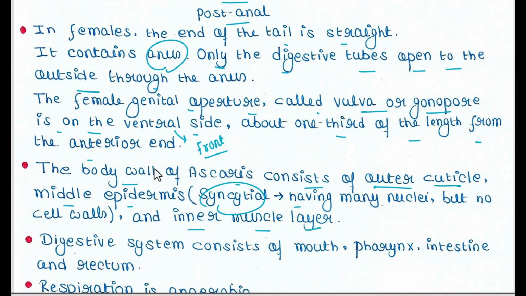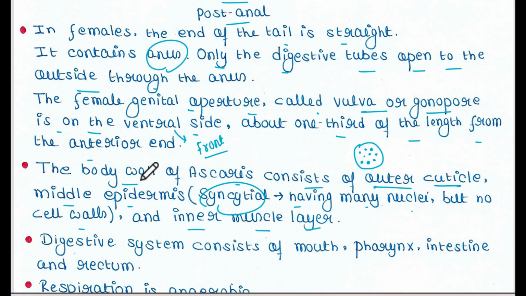That means it has many nuclei but no cell walls. The cells are not dividing here in the epidermis but the nuclei inside are dividing continuously. That's why this is called a syncytial structure. Syncytial means one cell where the cytoplasm is not dividing but the nuclei are dividing. So one cell contains multiple nuclei. This is called the syncytial state.